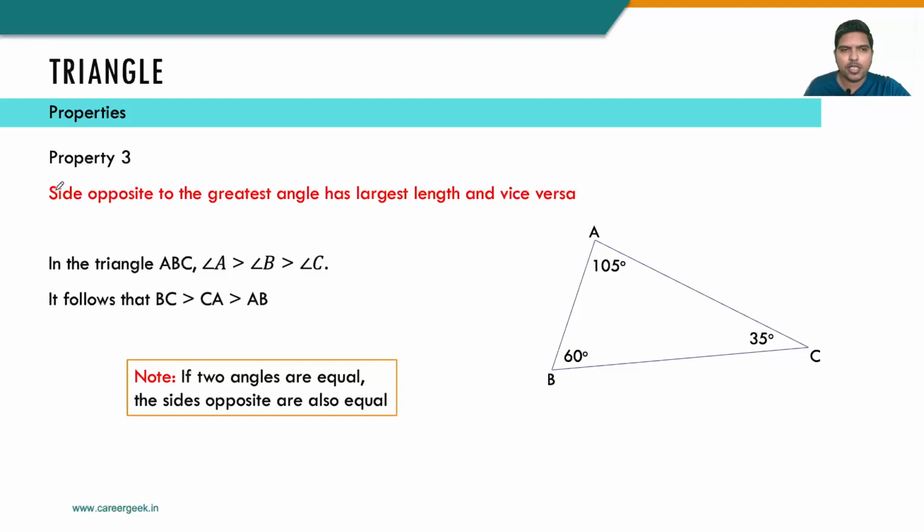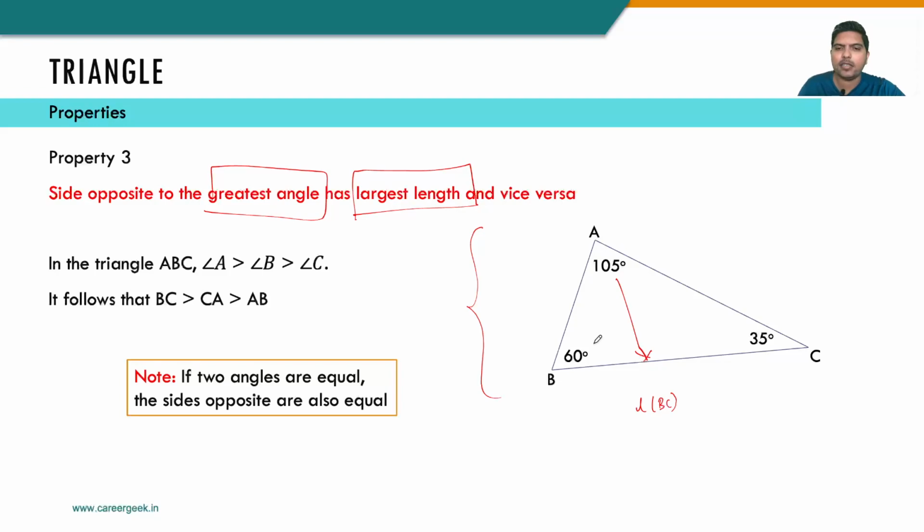The third property is side opposite to the greatest angle has the largest length and vice versa. For example, see this triangle and tell me which side will have the largest value of AB, BC and CA. I'm sure most of you would be guessing correct because this side BC will be the largest because it's opposite to the largest angle.